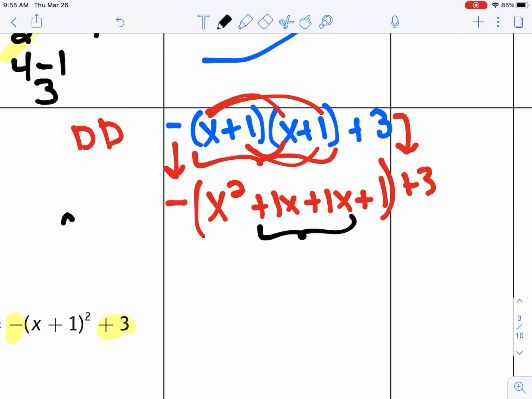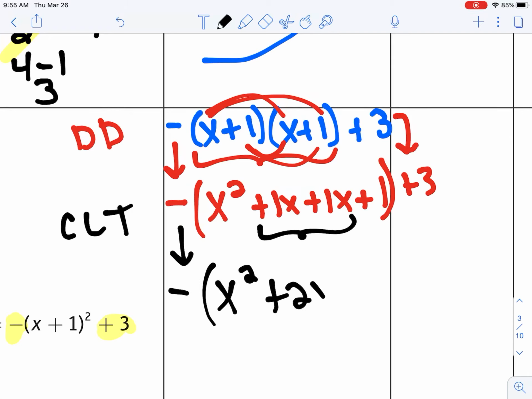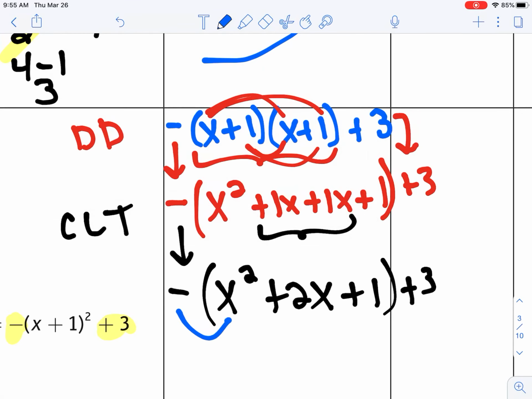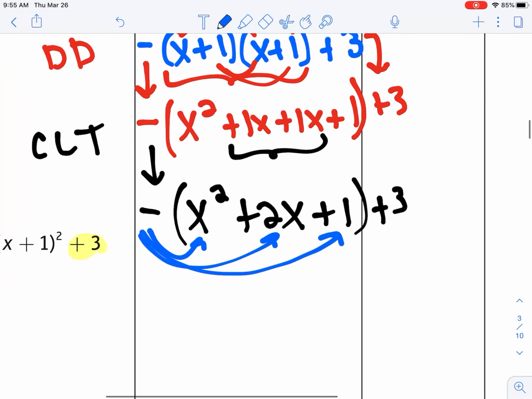All right, now I'm going to go ahead and combine like terms. So I bring down the negative, not worried about that yet, and I get a positive 2x plus 1 plus 3. Now, PEMDAS says to multiply before I add or subtract, so now I'm just going to distribute the negative. When I distribute the negative to the terms only within the parentheses, the signs will change to the opposite.